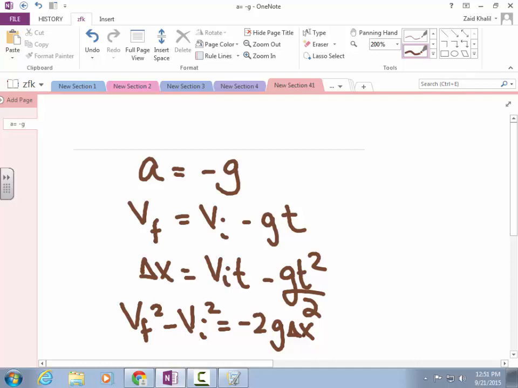The question is, what is the velocity when it reaches my hand? Let me use the troll ball. All right, here's the troll ball. In other words, on its way down, what was its velocity at the same point?